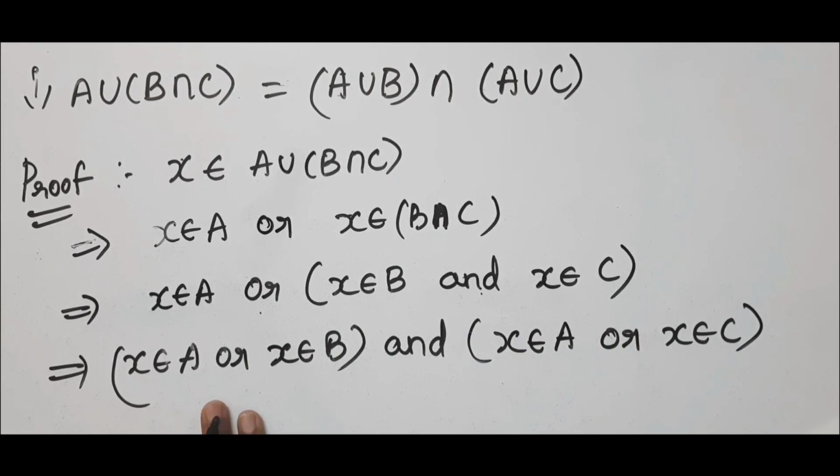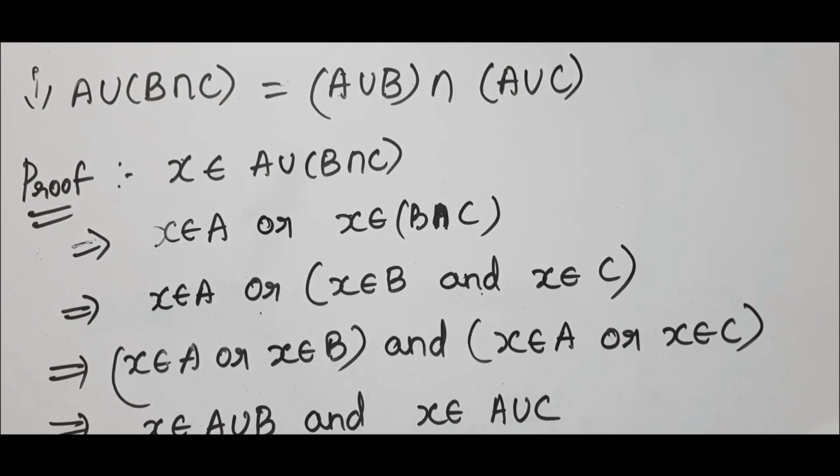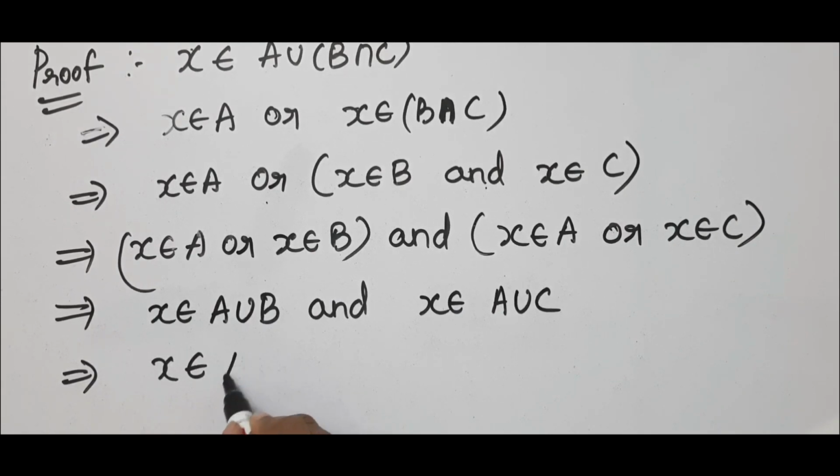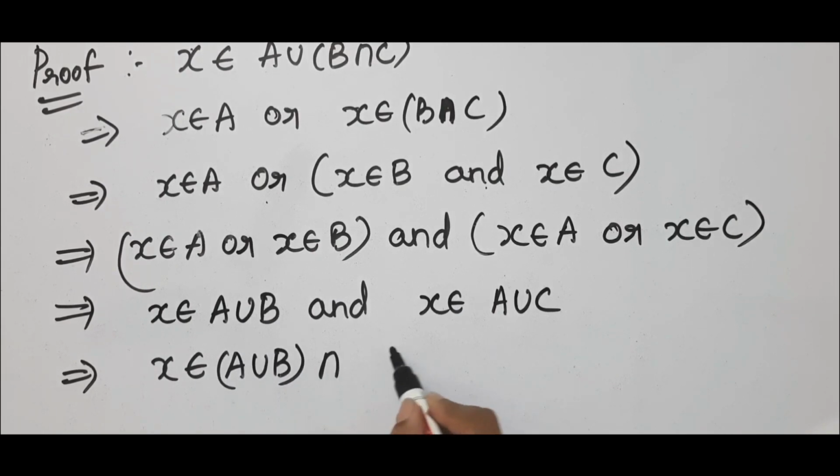So next this can be written as X belongs to A union B, "and" indicates intersection, X belongs to A union C.